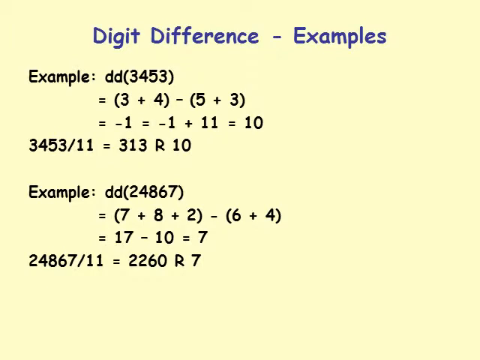Again, I don't have to redo the digit difference because the digit difference obtained so far is 7, which is within 0 and 10. And if you divide by 11, you get 2260, remainder 7. This remainder 7 still matches the digit difference 7. So it still verifies that the digit difference is the remainder when we divide by 11.